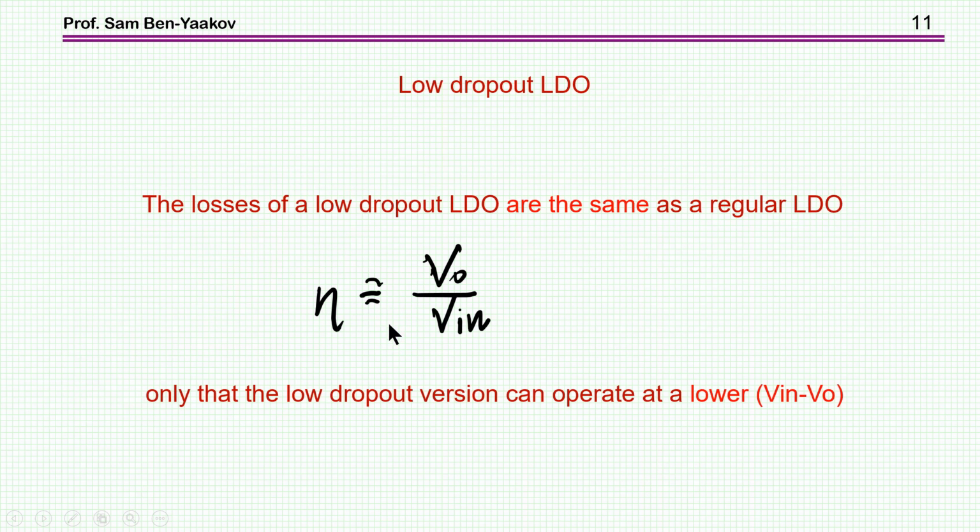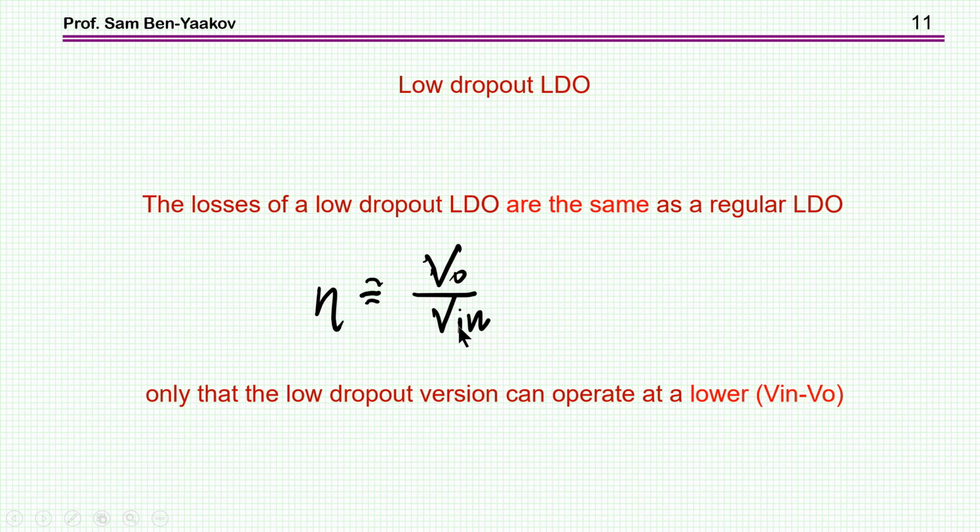However, one has to take into account that the losses and efficiency really are independent of the question whether the type of the LDO is low dropout or regular LDO, because the efficiency is always Vout over Vin, very close to it.